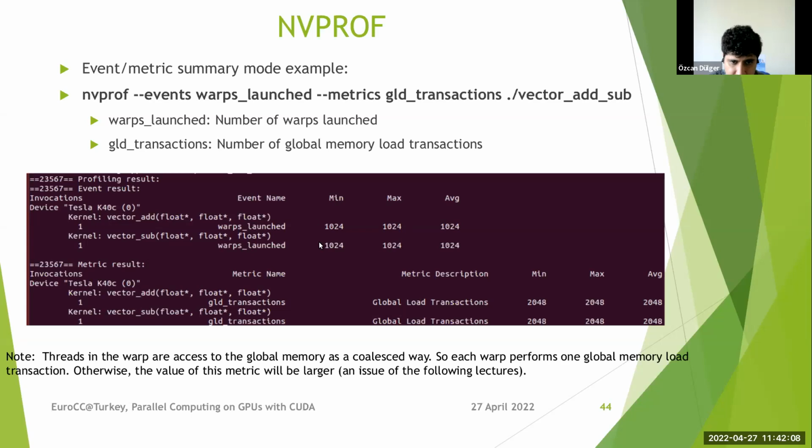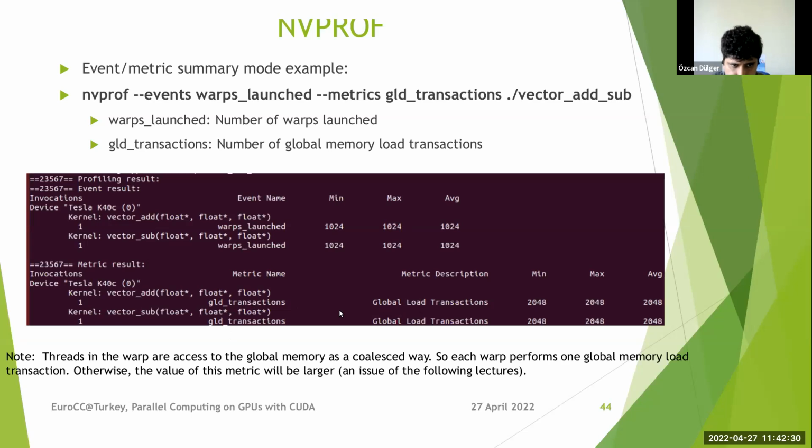So this is the information of that one, because we have 1024 warps when the data size is 2^15.